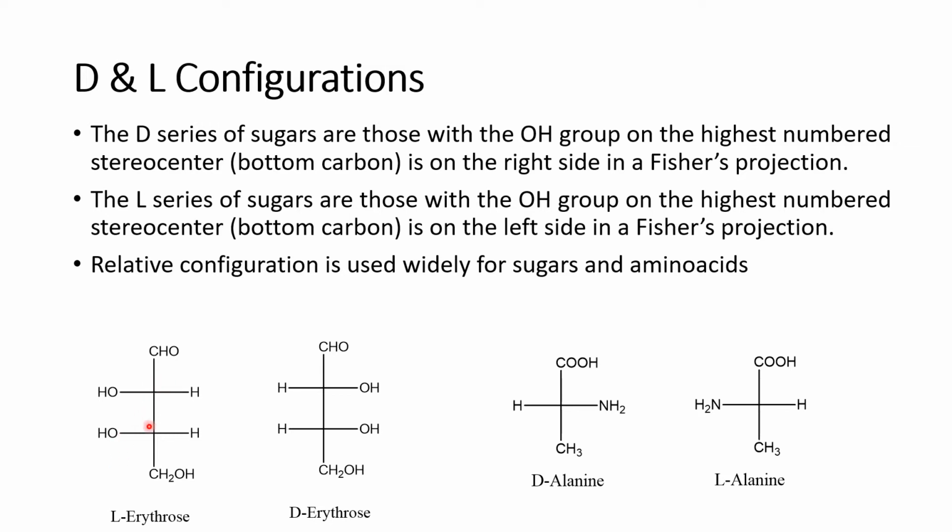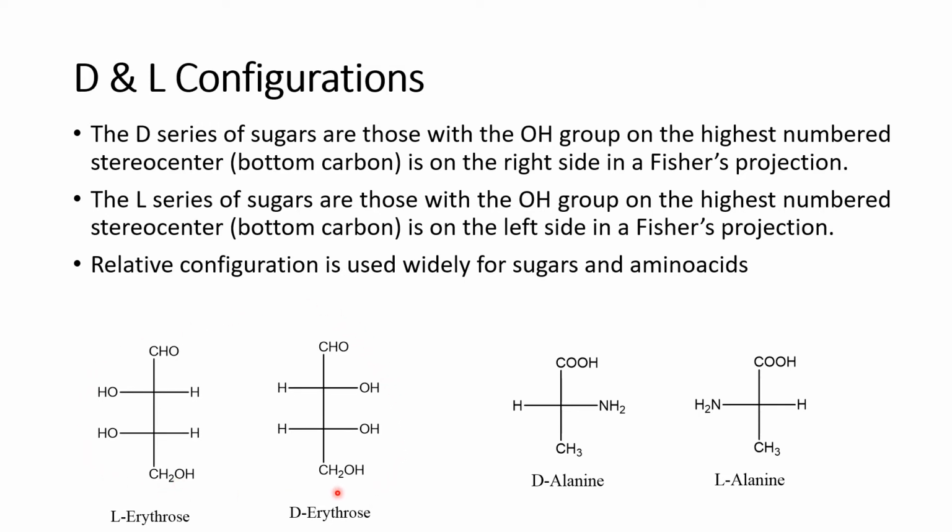So for any sugar, if the functional group attached to the highest numbered stereo center, or the first stereo center from the bottom, is present on the left side, it is given as L. If the same functional group is present on the right side, it is given as D. So this is the nomenclature which is given to the sugar molecules.